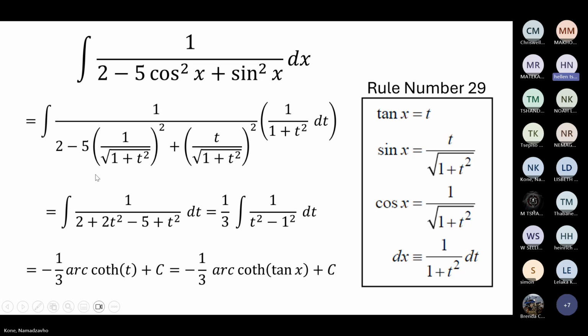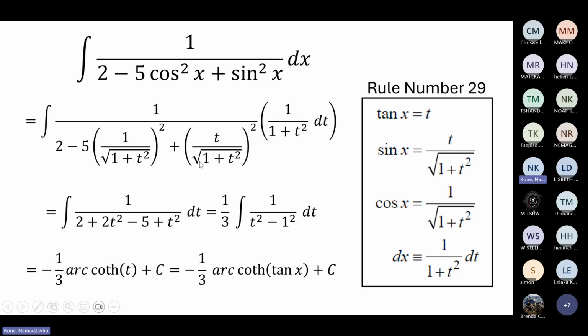Yes, sir. Then this minus 5 has a 1 over 1 plus t squared. After you square this, you get 1 over 1 plus t squared, and it is multiplied by this 1 plus t squared. When that happens, this becomes a 1. 1 times minus 5 is this minus 5. Then there is this t squared divided by 1 plus t squared, multiplied by 1 plus t squared.